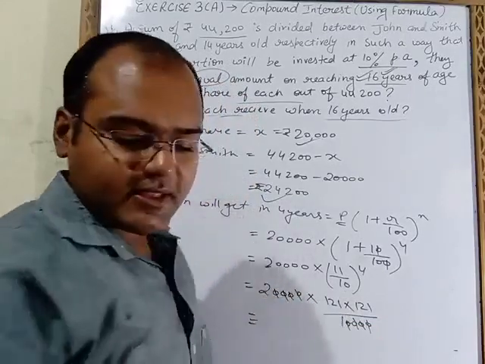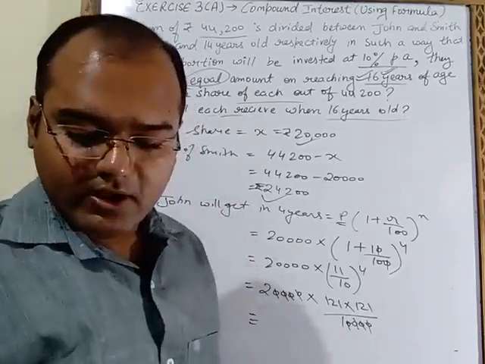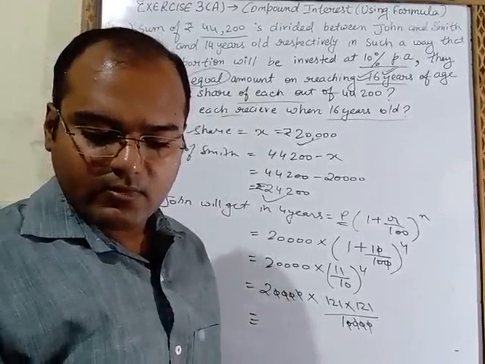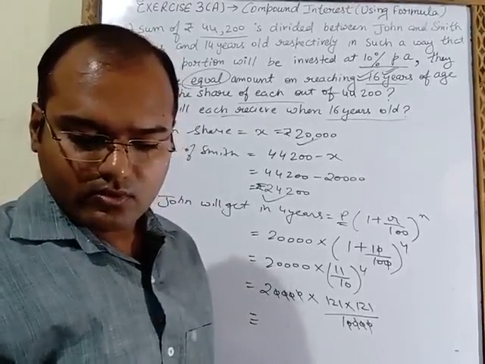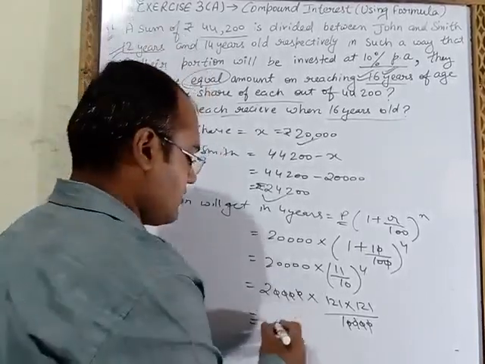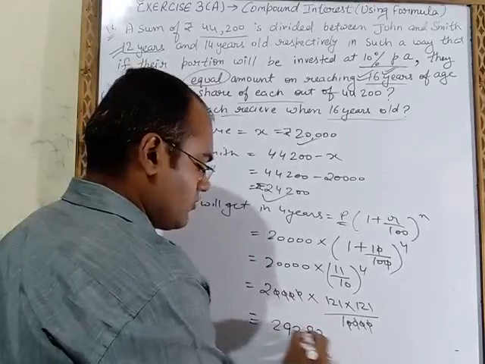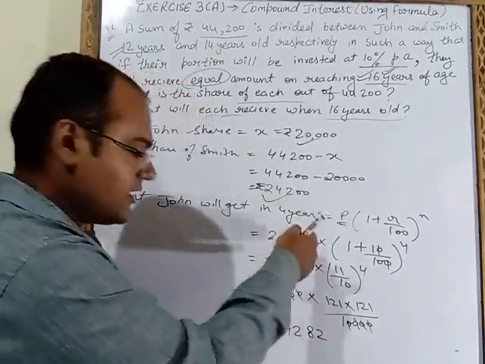Now we will multiply these numbers. 121 multiplied with 121 multiply with 2. Answer will be 29282 rupees. So this is the amount John will get in 4 years.